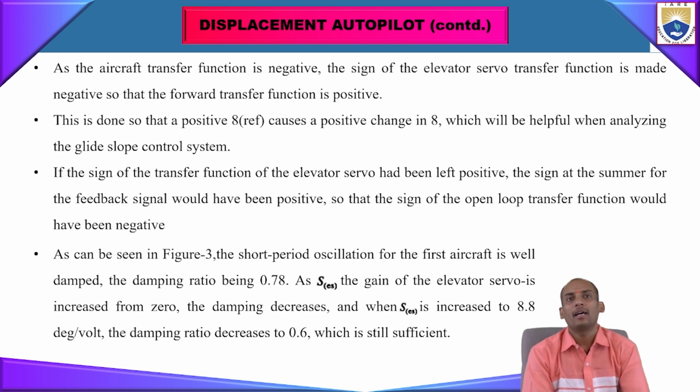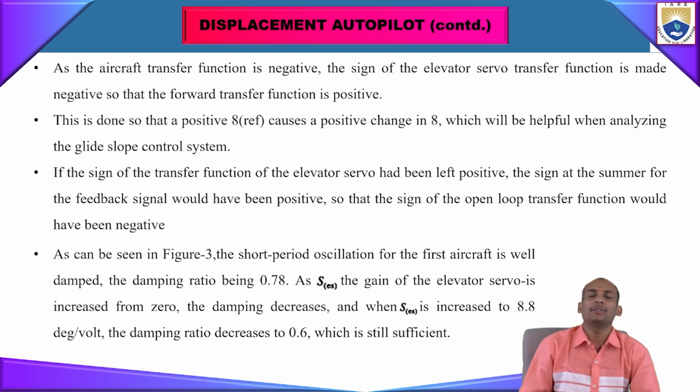If the sign of the elevator transfer function had been left positive, then the sign at the summer for the feedback signal would also have been positive, so the open loop transfer function would have been negative.